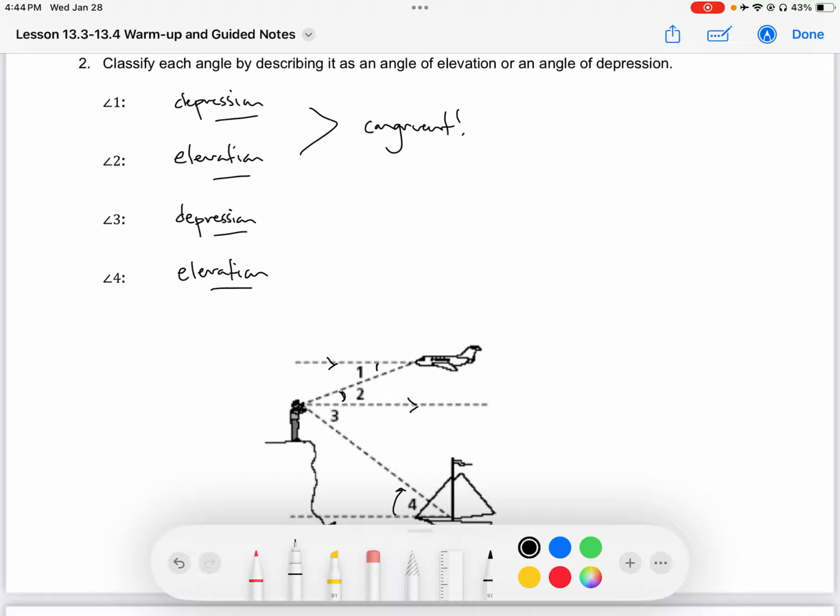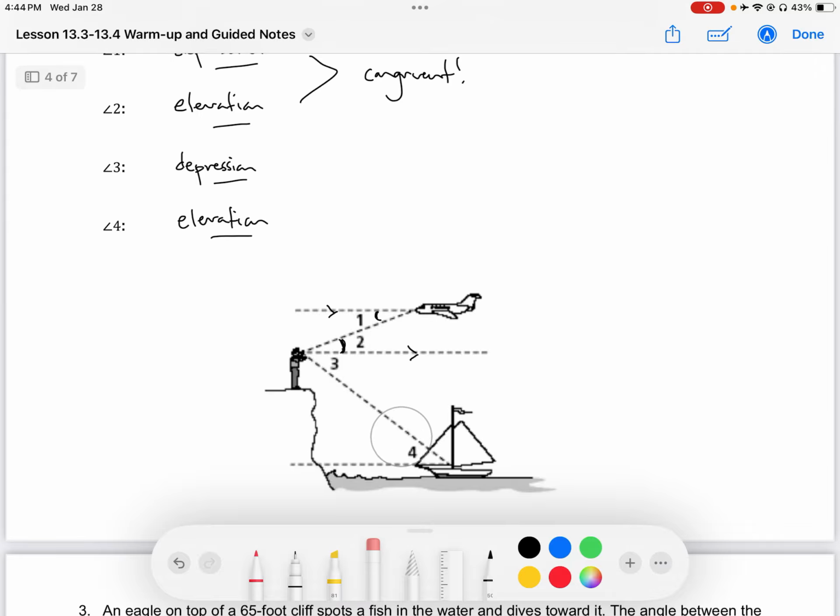The angle of depression and the angle of elevation are going to be congruent in that case. And coming down here, these are also alternate interior angles, right? Because they are on either side of the transversal right here that's cutting these two parallel lines. So these are also congruent angles. So that can be useful when you're drawing pictures.